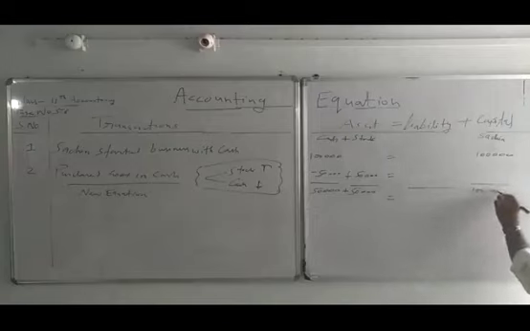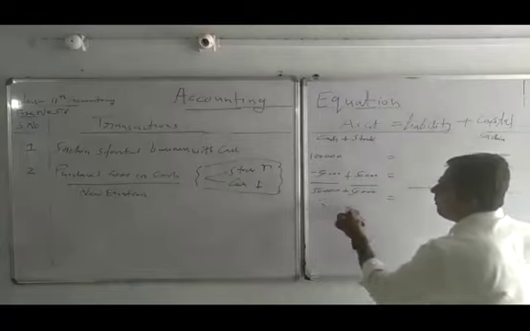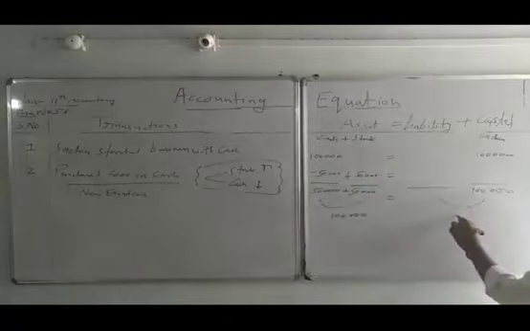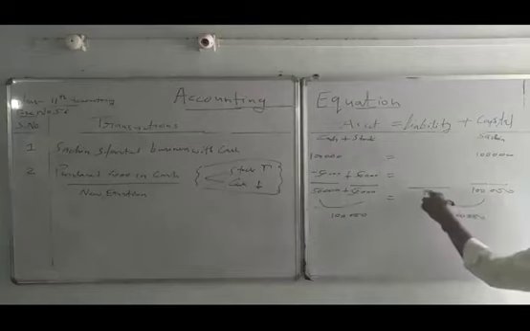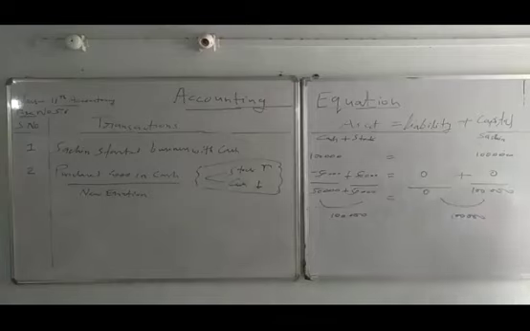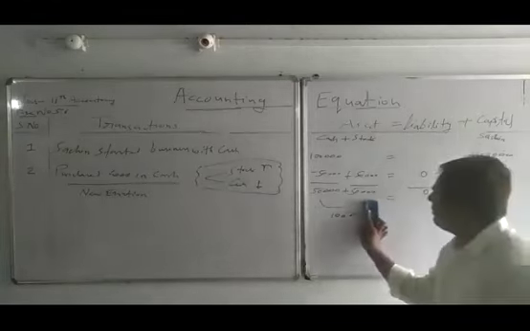Capital we have 1 lakh. So if I total them, it will be 1 lakh, and the other side is also 1 lakh. So they are both balancing. That is only for your rough work.